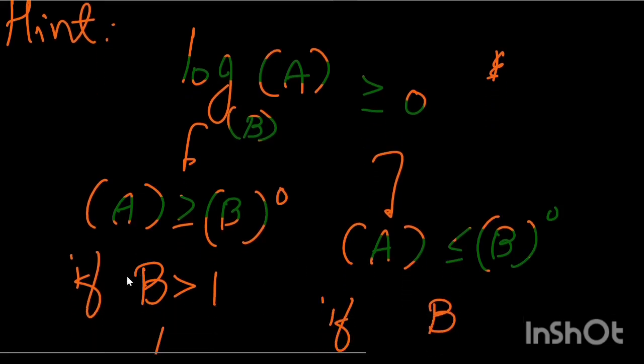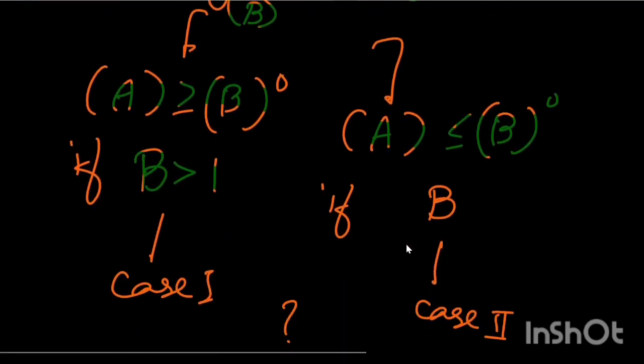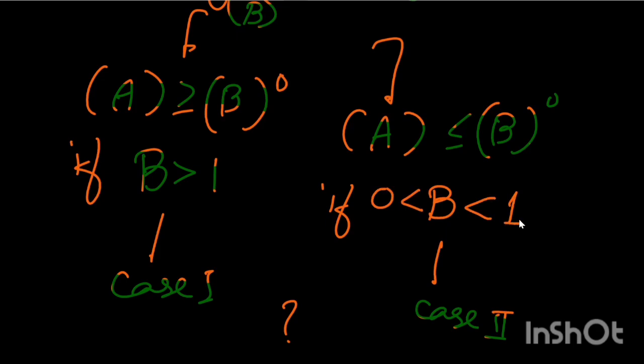So in this case, let's say this is case 1, b should be greater than 1. If this is case 1, then in case 2, b should be between 0 to 1. So depending on what the base is, we have to solve.